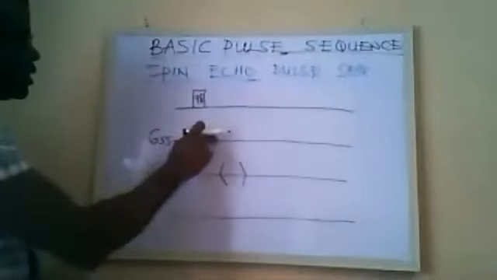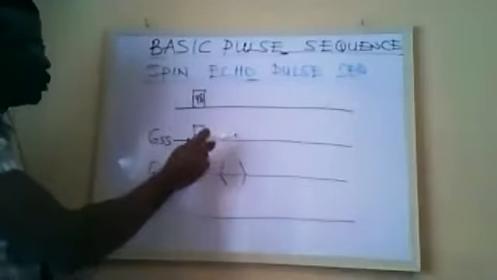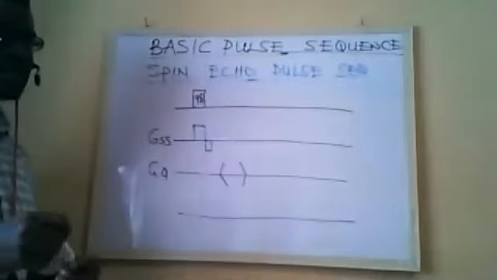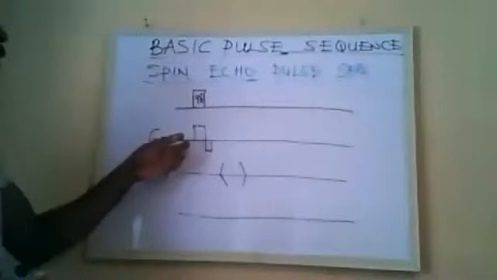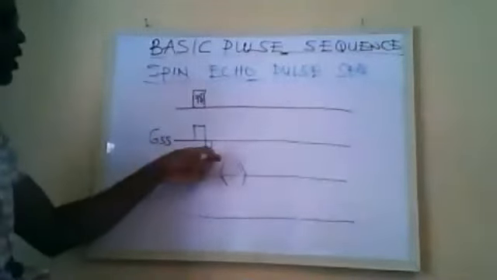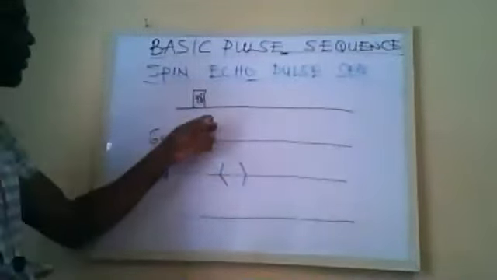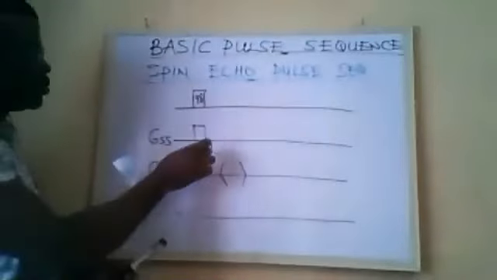But this other inverting lobe, we now switch the other end of the slice gradient on with opposite polarity, such that this effect will, so to say, cancel the effect introduced by this one. But we don't want it to be a very long time.